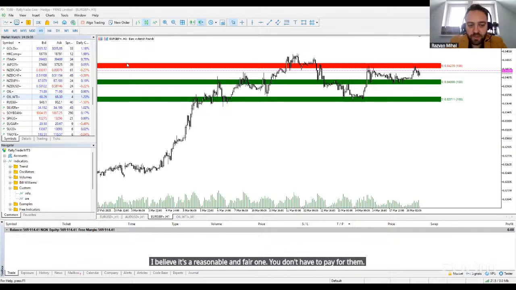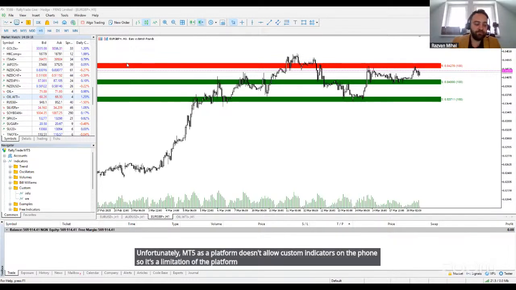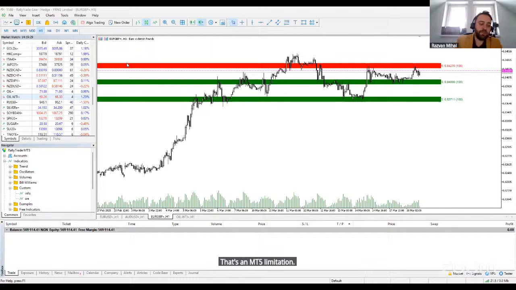We get some questions related to if it works on phone. Unfortunately, MT5 as a platform doesn't allow custom indicators on the phone. So it's a limitation of the platform, and from what I know, no platform has custom built indicators on the phone. That's an MT5 limitation, it's not related to the indicator itself.